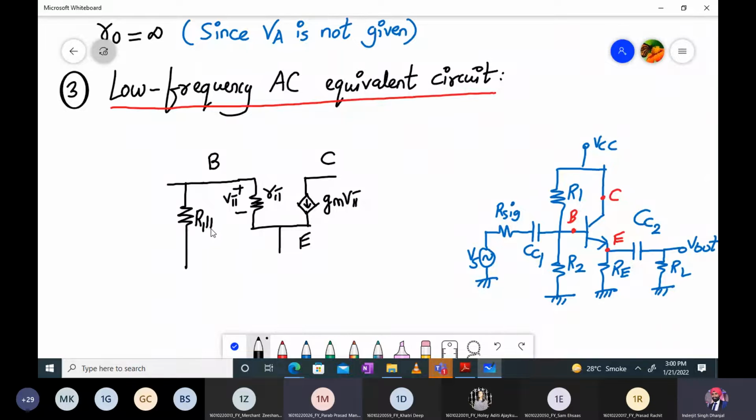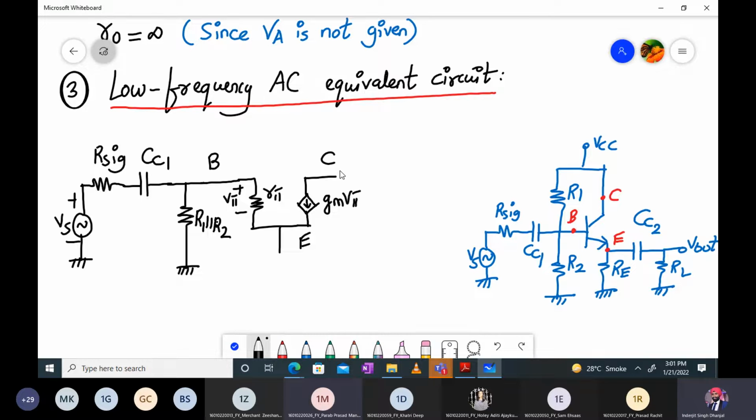What else will we have? We will have a capacitor also as it is. And then we will have R sig. I'm just drawing this part of the circuit as it is. So this is my VS. This is R sig. This is CC1.